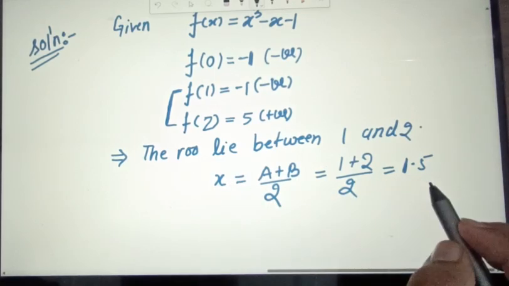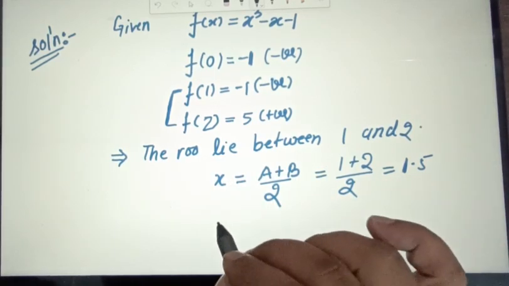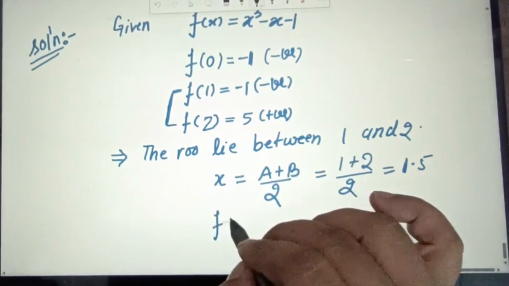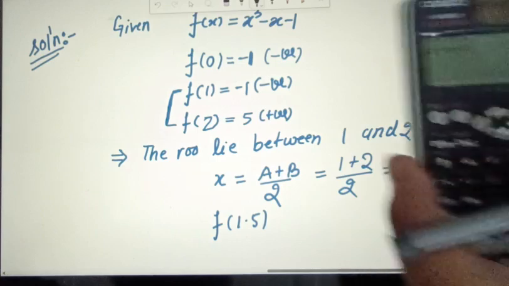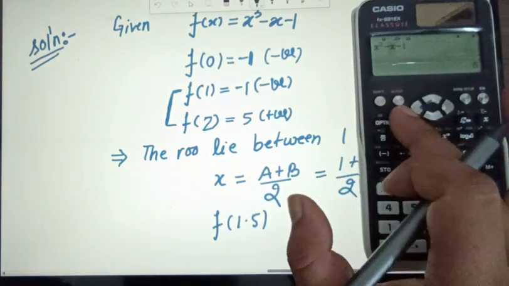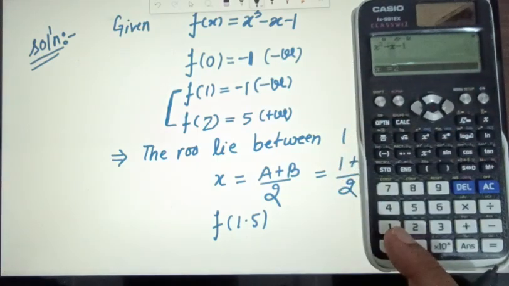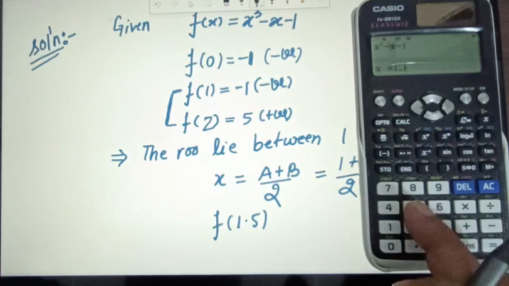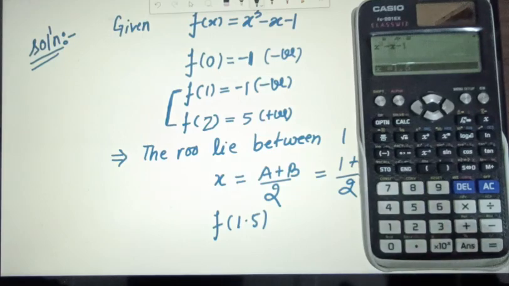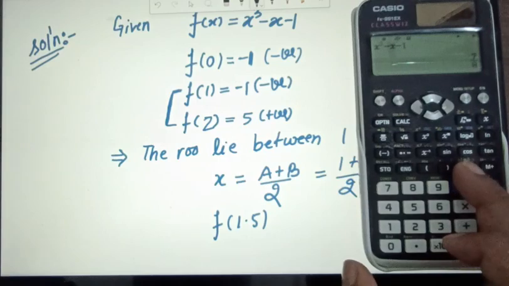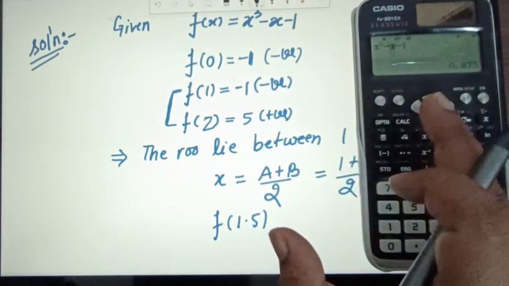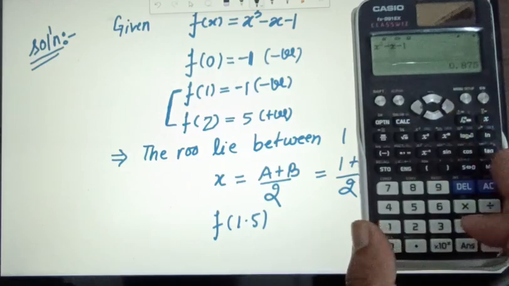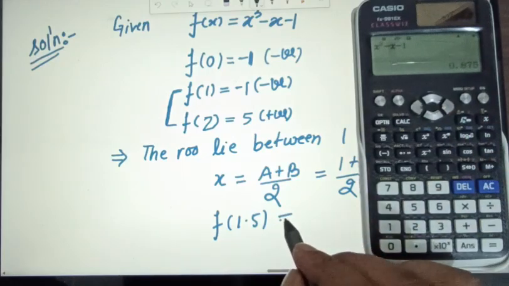Now again you need to check your function at the point 1.5. So here is the calculator. Press calc, and it will ask the value of x. Give the value of x as 1.5, then press equal. On doing so, you will see the value of the function is 0.875, meaning the sign is again positive.